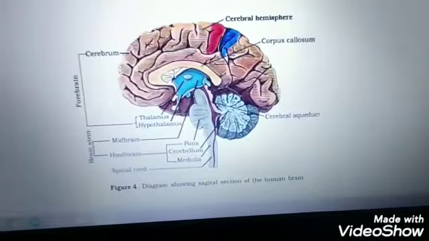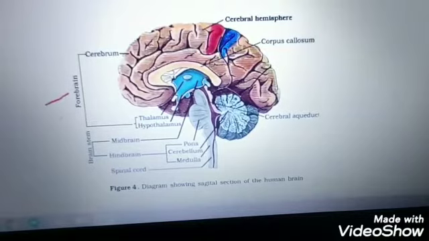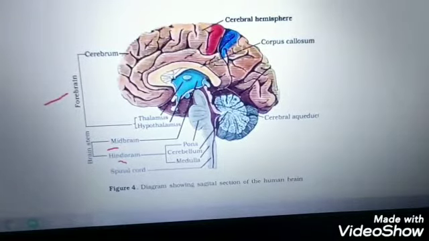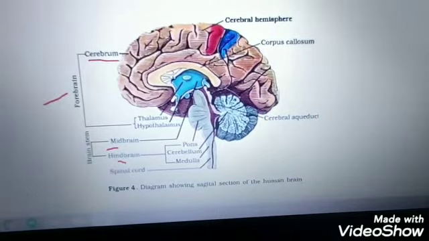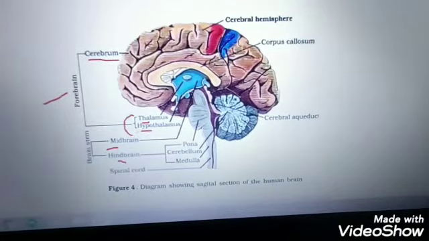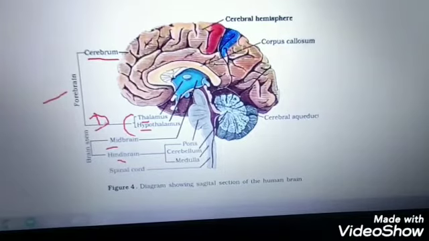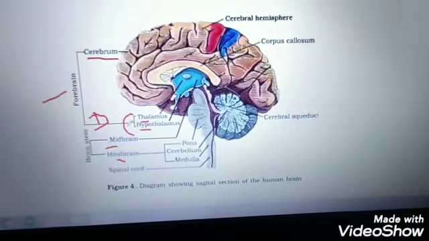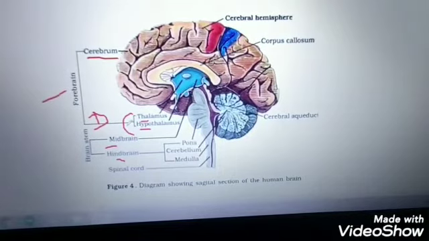The brain is divided into 3 major parts: the forebrain, the midbrain, and the hindbrain. The forebrain consists of cerebrum, hypothalamus, and thalamus. These 2 are known as diencephalon. We shall discuss each of them further.